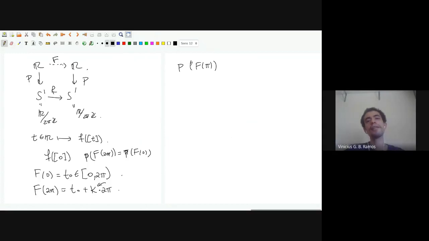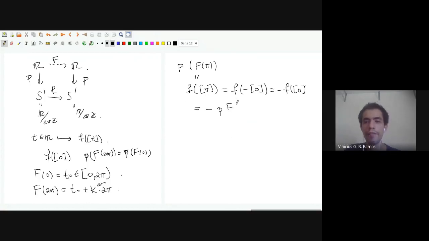So when you project f of pi, this gives you f of the class of pi, and this is f of minus the class of 0, which is minus f of the class of 0, which is minus p of f of 0.